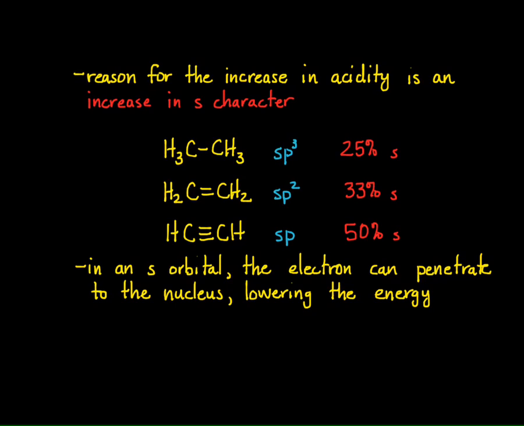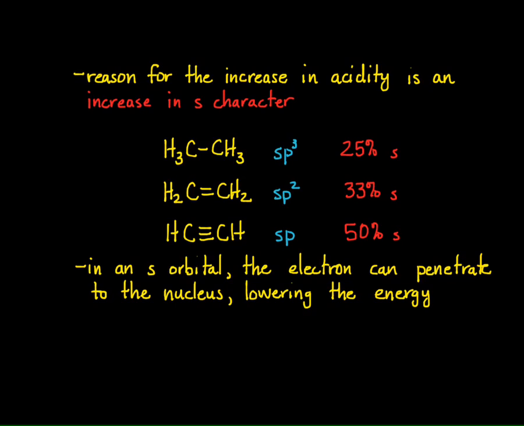As you increase the s character of the hybridized orbital, you increase the potential for the electron to be at the carbon nucleus, which means the electrons are further away from the hydrogen. In essence, you're increasing the electronegativity of the carbon.